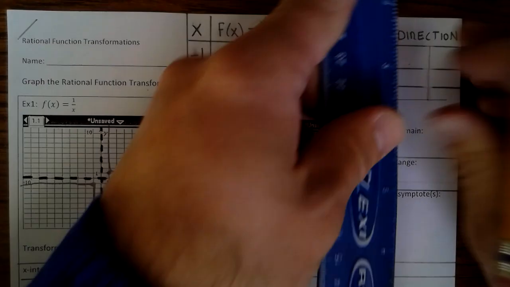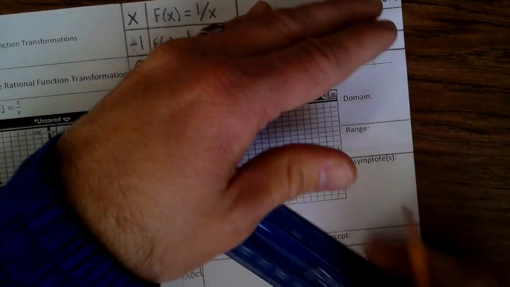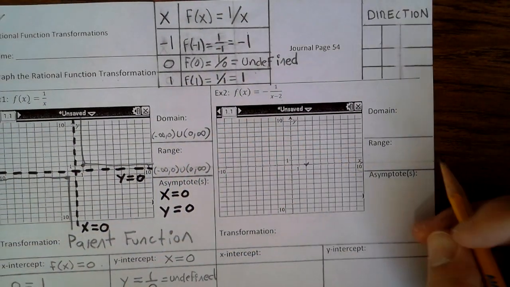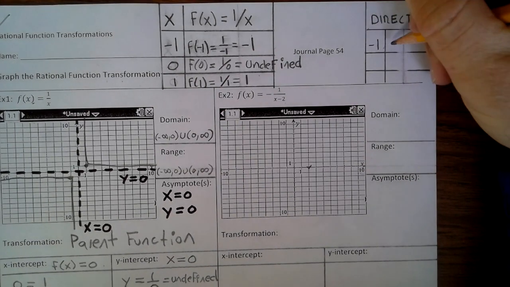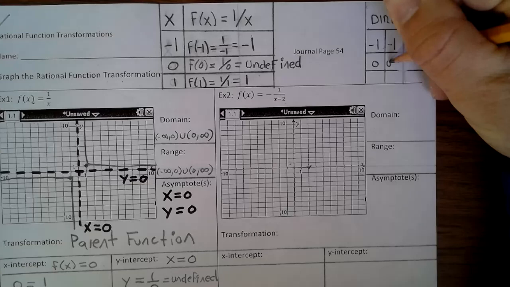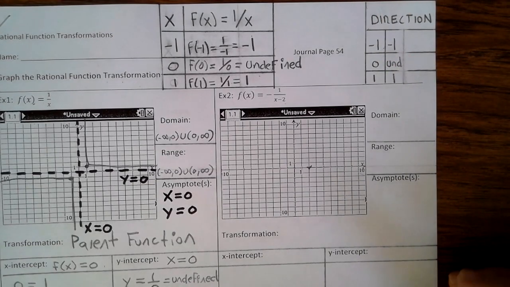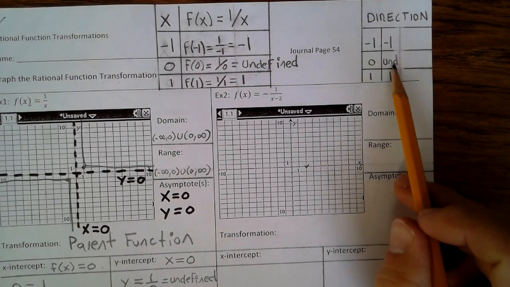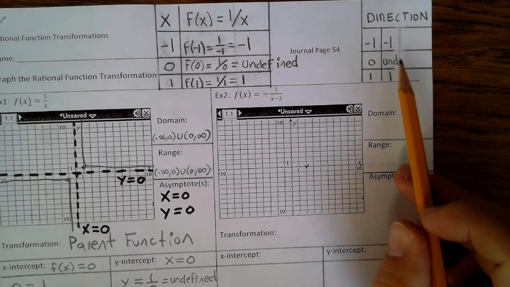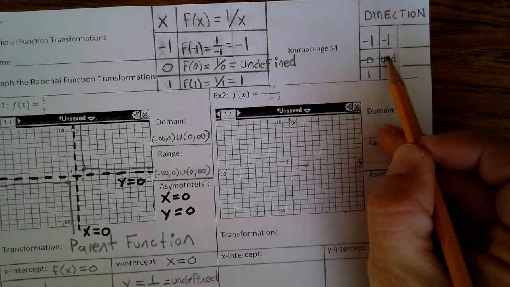So we know our directions are -1, -1, 0, undefined, and 1, 1. Really, we're not going to use the 0 undefined. We're just going to use this and this. But here, this tells us we have to multiply by -1.